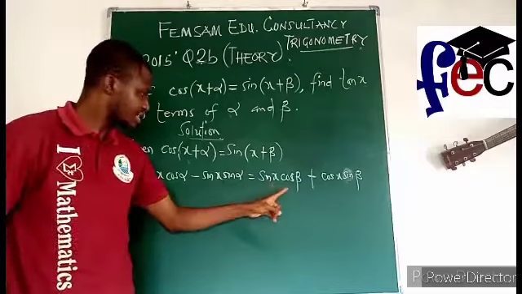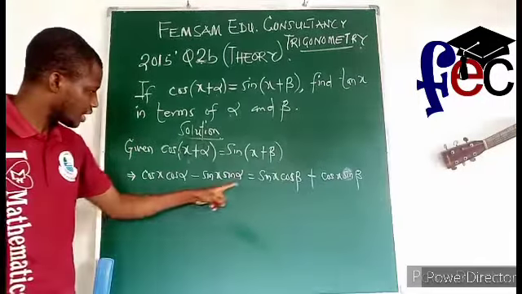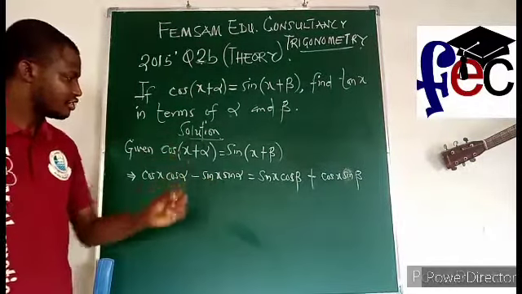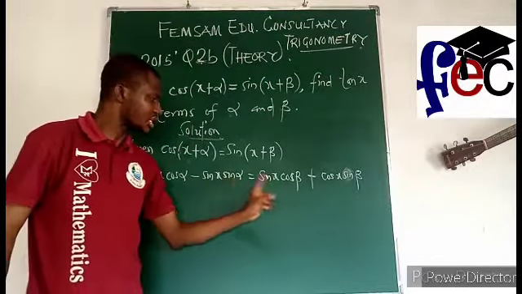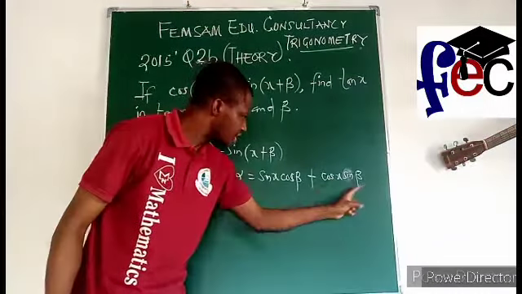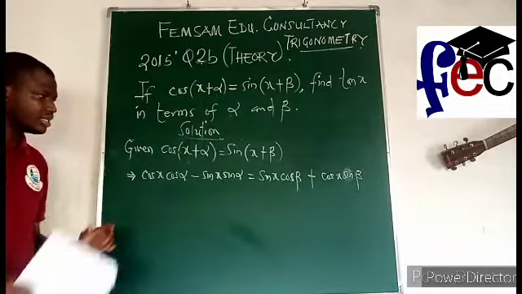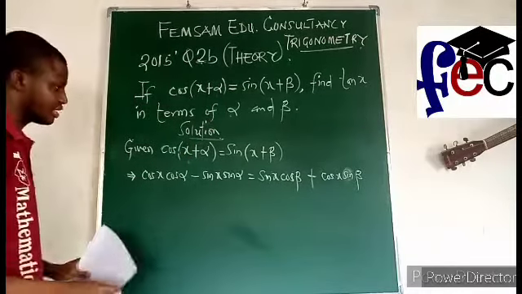So here I can see a term that contains sin x, and I can see another term here that contains sin x. So my duty is to look for a way to collect them together because they are like terms. Now here I can see a term that contains cos x, and this is another term that contains cos x. So my duty is to collect them as like terms.